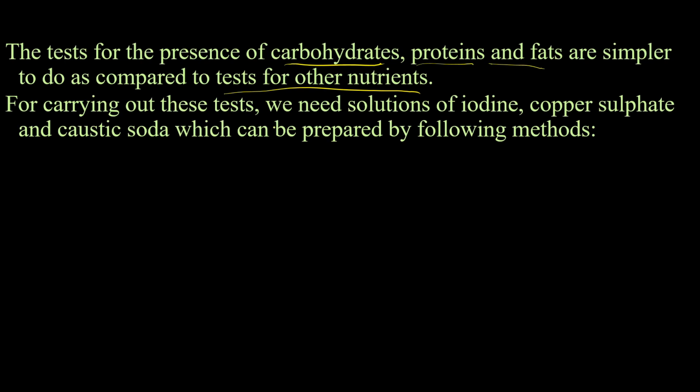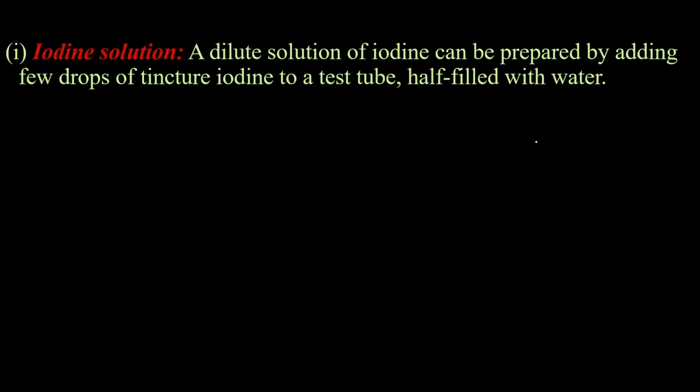For carrying out these tests, we need solutions of iodine, copper sulfate, and caustic soda, which can be prepared by the following methods. Iodine solution: a dilute solution of iodine can be prepared by adding a few drops of tincture iodine to a test tube half filled with water.